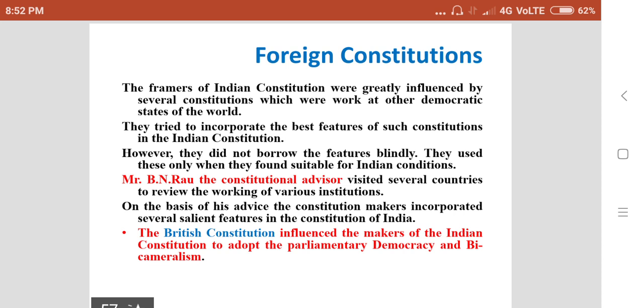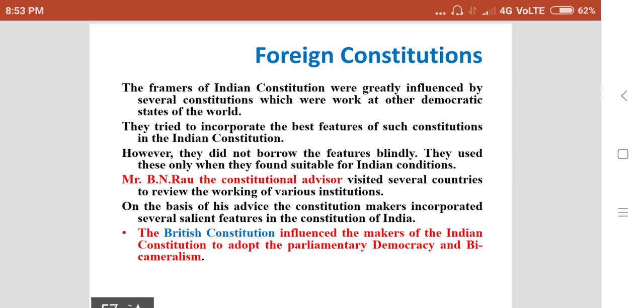They selected only those features suitable for Indian conditions, and incorporated them in the Indian Constitution.